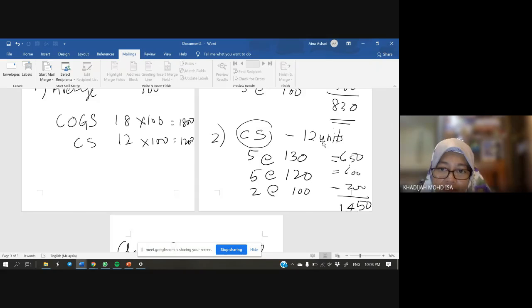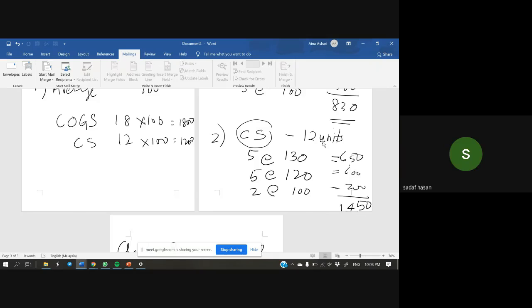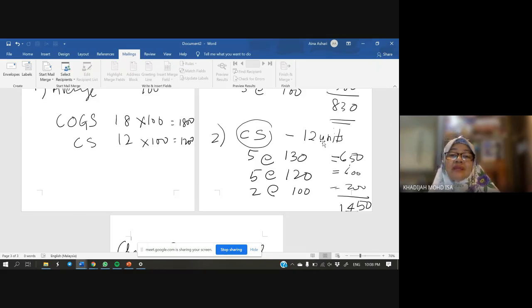For example, I may want you to use perpetual FIFO, and then I can ask you to compute periodic LIFO using the same information. But the answer will be different, because the method is different: the method of recording and the method of determining the COGS and your closing stock.